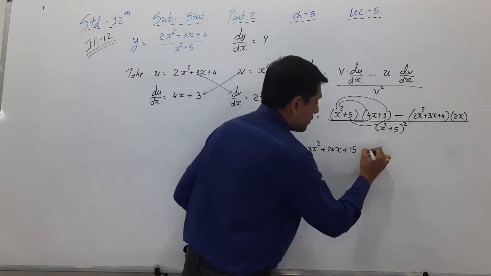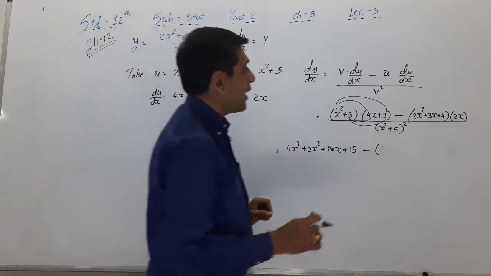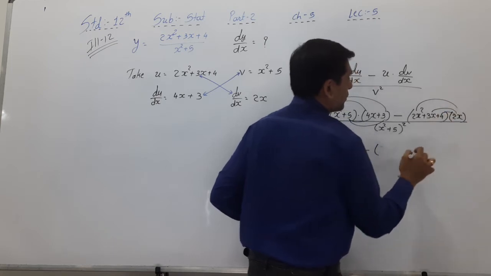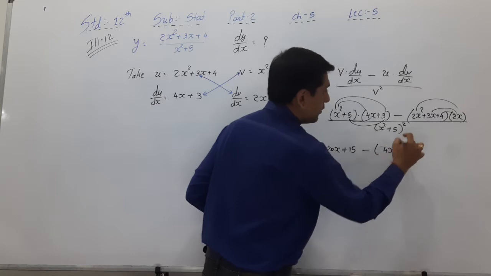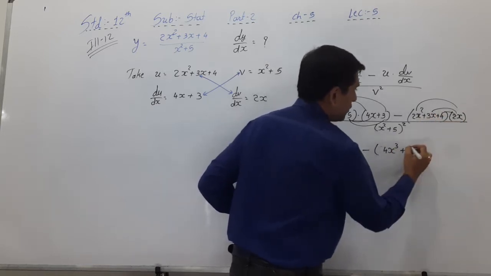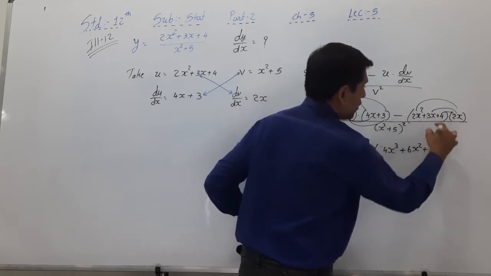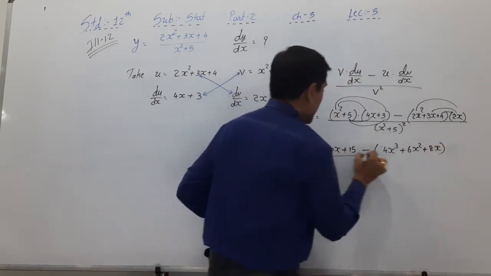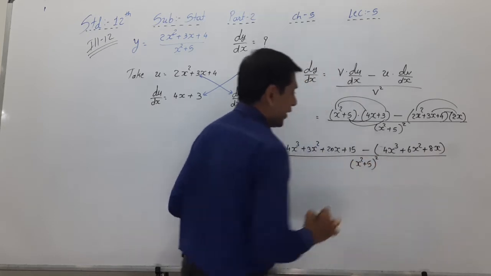Now minus, but first we have to write it inside the bracket. First multiply these, then these, and then these. 2x square into 2x is 4x cube, plus 3x into 2x is 6x square, plus 4 into 2x is 8x, divided by x square plus 5 all square.